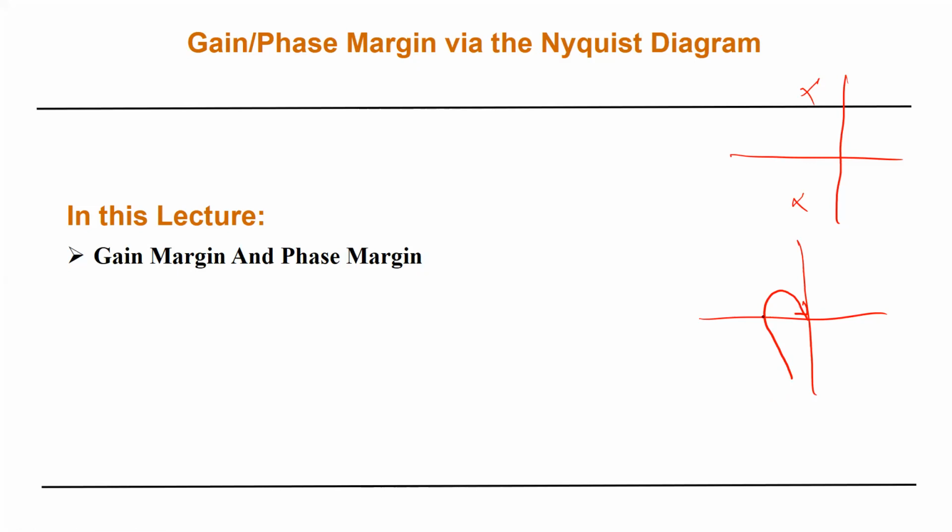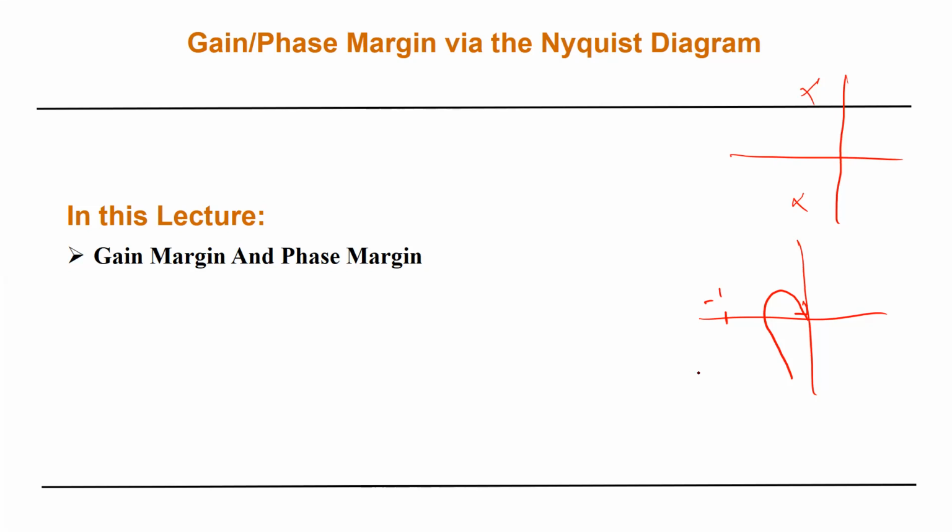Basically, if this is the -1, how much can I add to the system gain before I reach the -1? That will give me the measure of how much gain I can add in my system before it becomes unstable. I can calculate that one exactly.